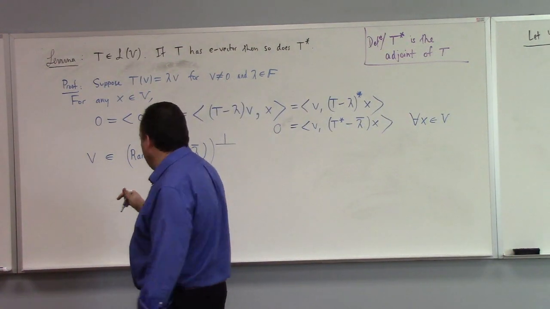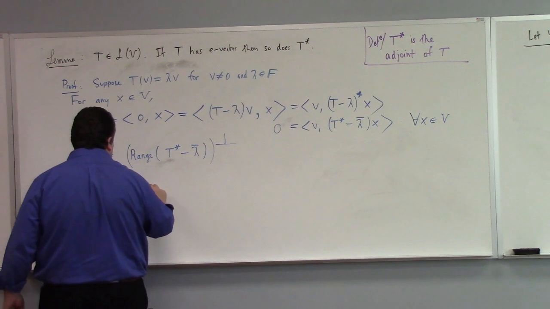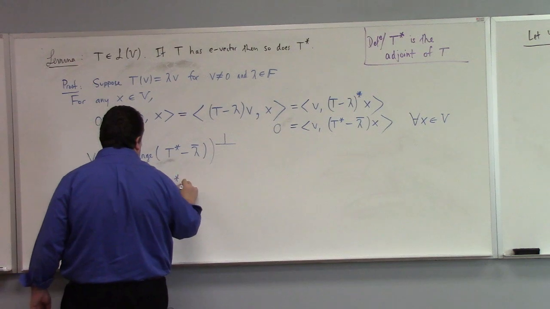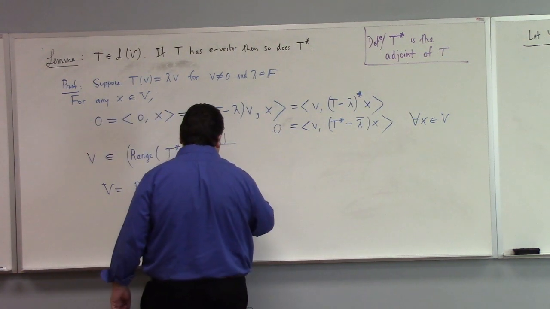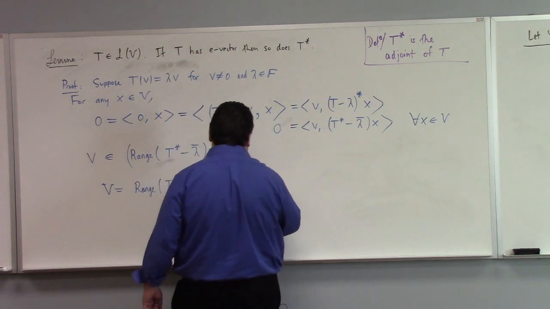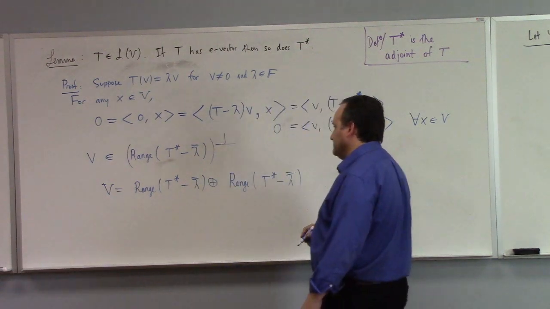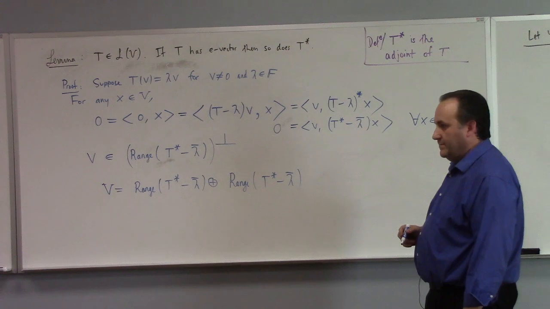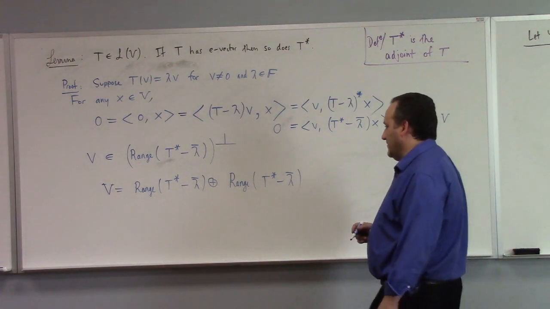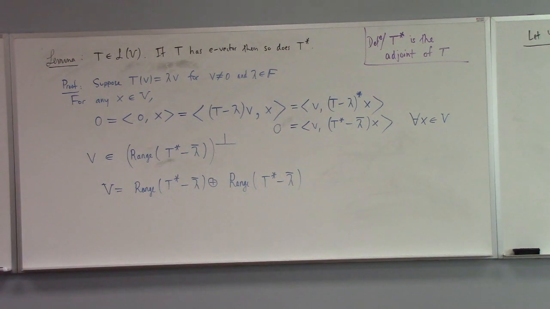But we also know that V is what? It's the range of T star minus lambda bar direct sum what? Direct sum of itself? Well, I'm missing something, aren't I? Perp? Yeah.